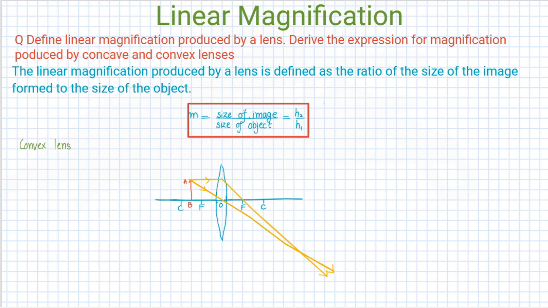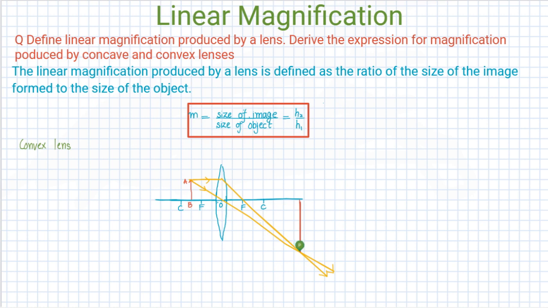Fine. Now consider the intersection. At this point of intersection, the two refracted rays intersect. If the two refracted rays intersect, then an image will be formed at this point. So this is your image and it is formed in the downward direction.